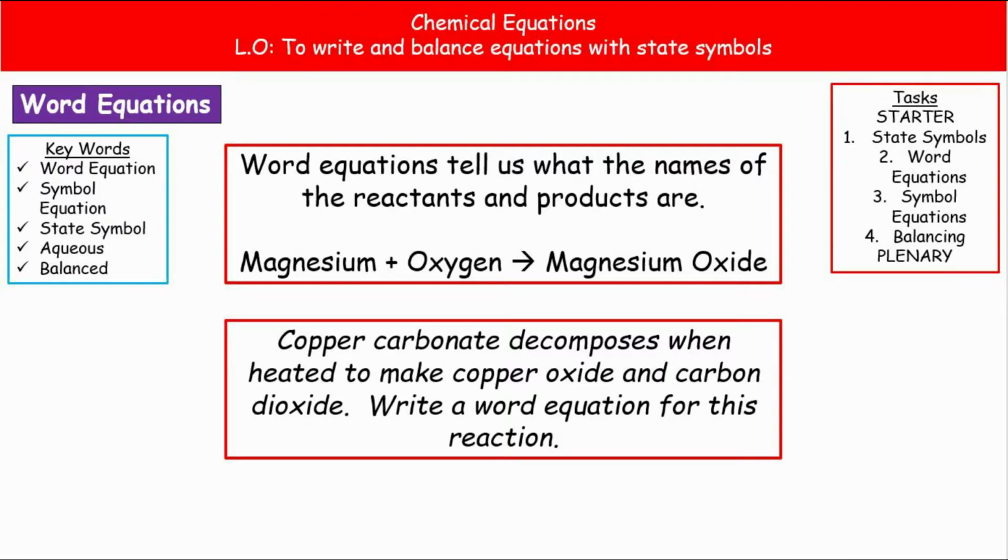So anything that is a reactant, then we put a plus separating them because they're obviously reacting together. And then between the reactants on the left and the products on the right, we put a little arrow just to show this is what we're making. So write down the top box and then have a go at writing the word equation for the reaction I've given you in the second box.